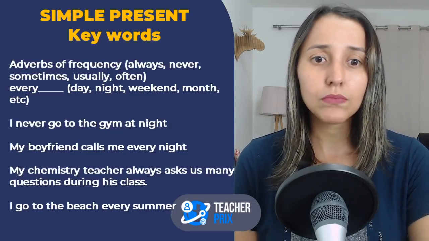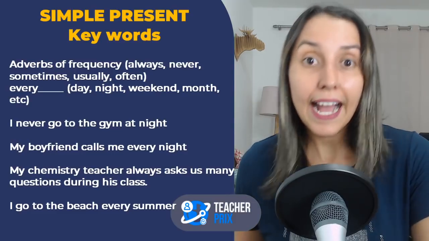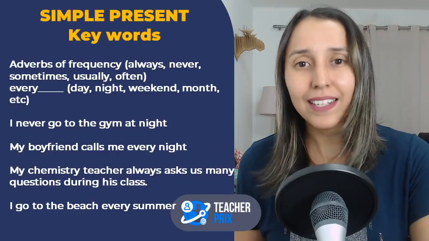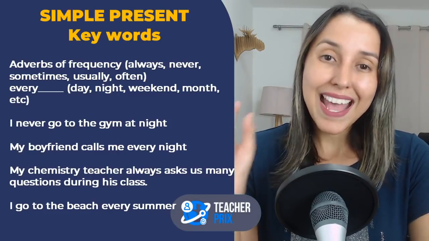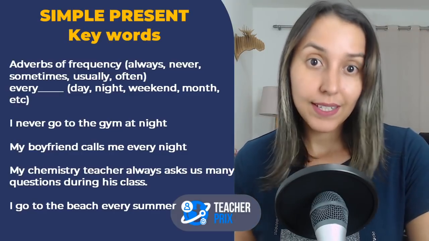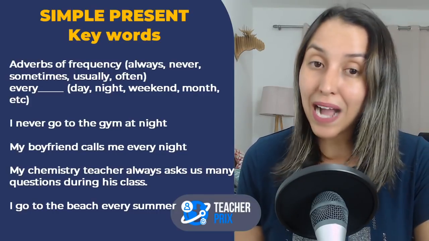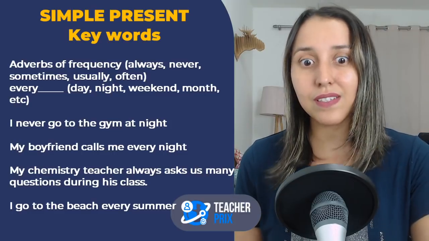Let me know. So my boyfriend calls me every night. He's not calling right now, but he calls me every night, but not right now. So that's the idea. Here, every night, the complement, the keyword every, is usually used with simple present. You will hardly ever see these words with present continuous, if you even see them.